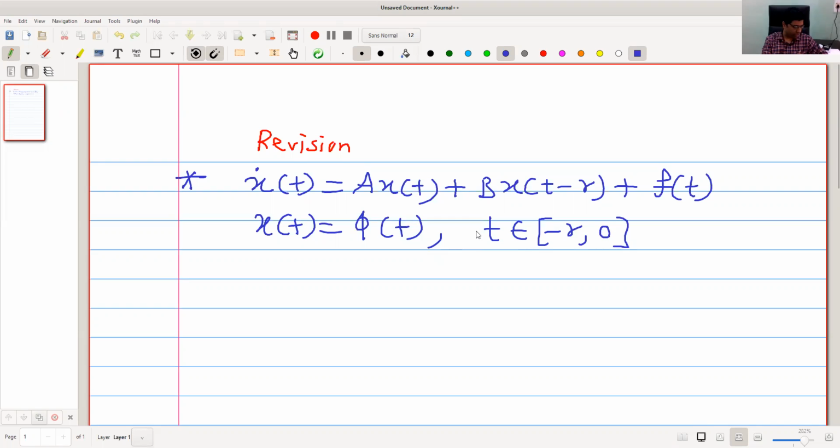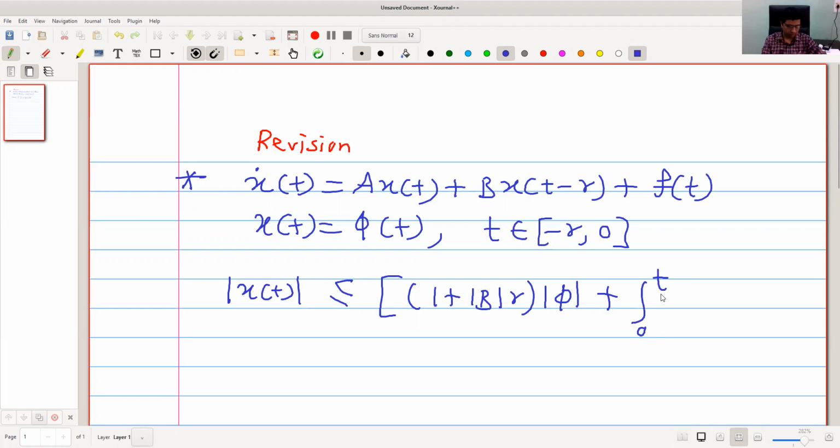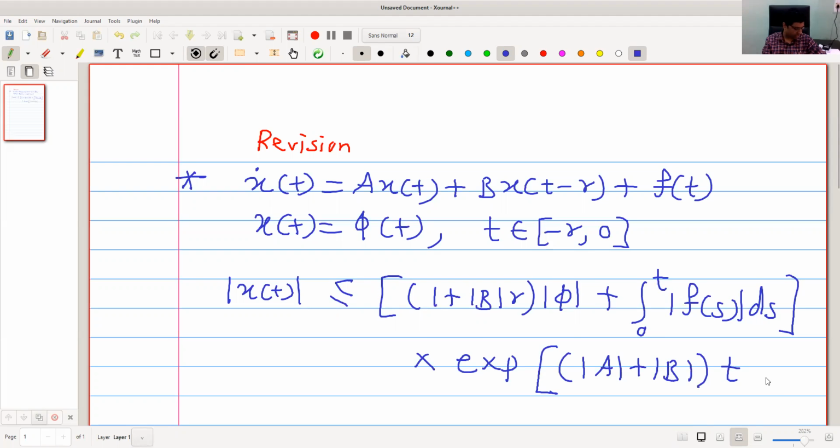For this problem, we discuss one bound: mod of x of t is less than or equal to (1 plus mod b into r) multiplied by (norm phi plus integral from 0 to t mod of f of s ds) into e raised to (mod a plus mod b) t.